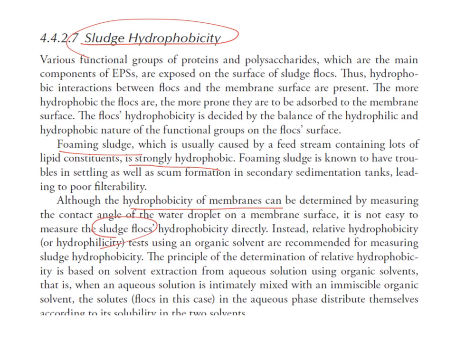So we needed different methods for measuring relative hydrophobicity, and the principle is to use solvent extraction, because if the sludge is hydrophobic, we can extract this part from water into an organic solvent. So if you get a lot of material by doing this, it means this sludge is hydrophobic.